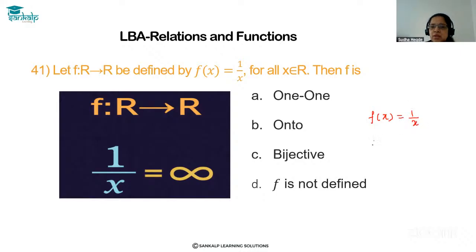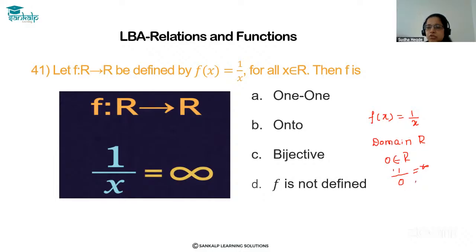The domain of this function is given as R. So 0 belongs to R. Is it true? Yes, definitely 0 belongs to R. But what is 1 by 0? Yes, it is infinity.